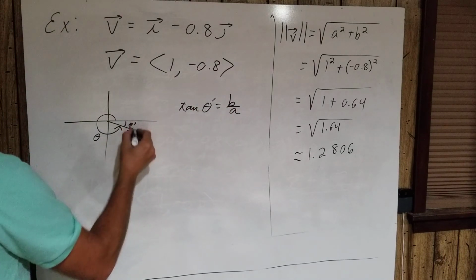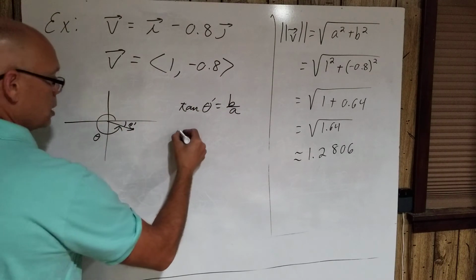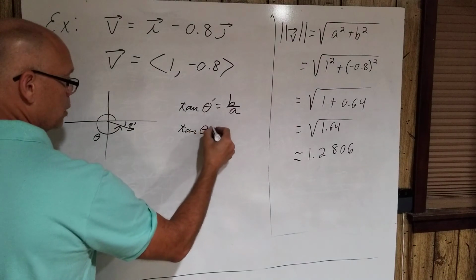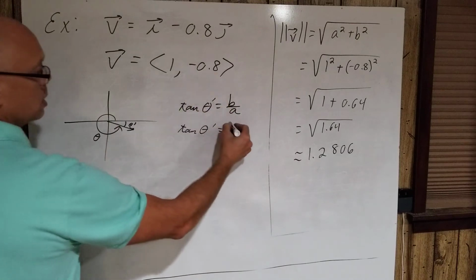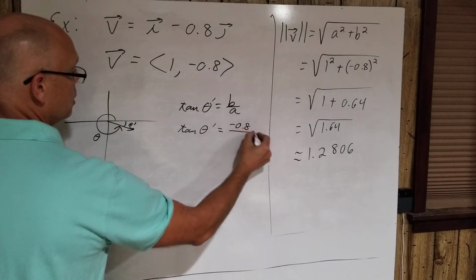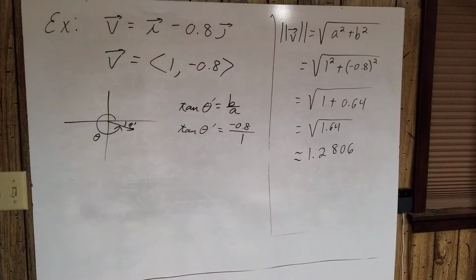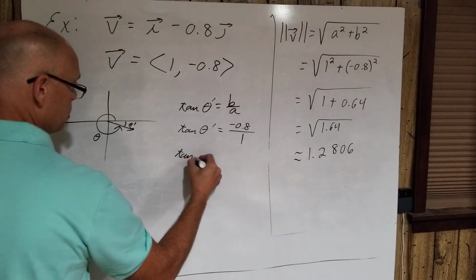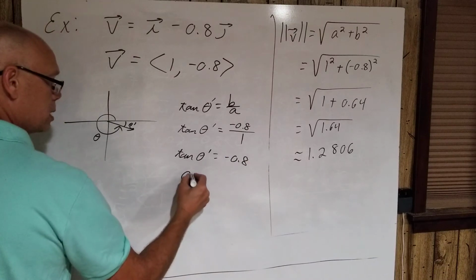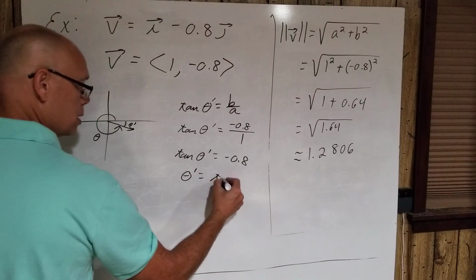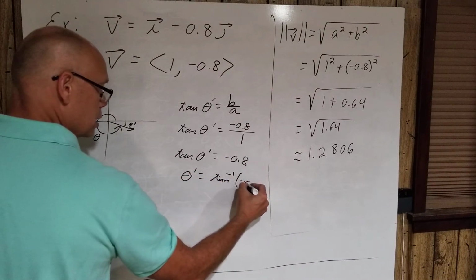We're finding theta prime. So the tangent of theta prime is equal to b over a. b over a is negative 0.8 over 1, right? Or we could say the tangent of theta prime is equal to negative 0.8. And we could say theta prime is equal to the inverse tangent, or the arc tangent, of negative 0.8.